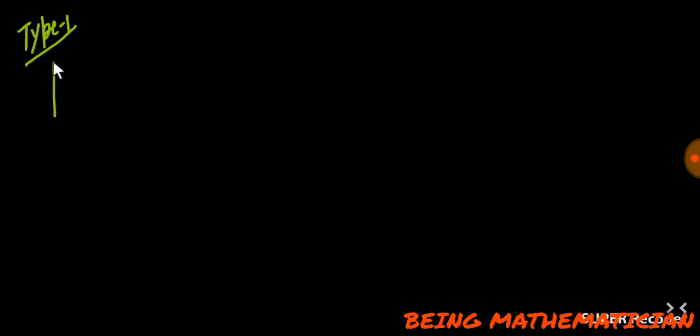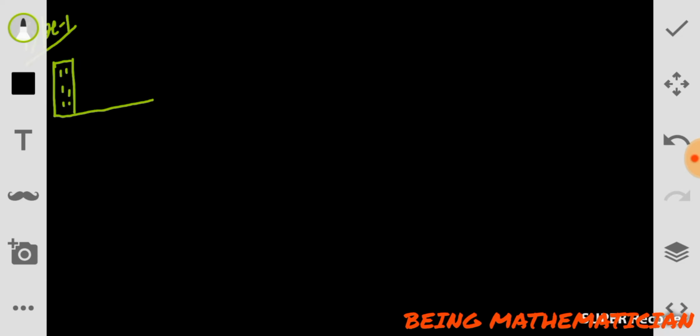Let us assume that this is a building and this is the horizontal line, and from this point C, the angle of elevation is 60 degrees, and the distance between this point B and C is 10 meters. Then find the length of the building.